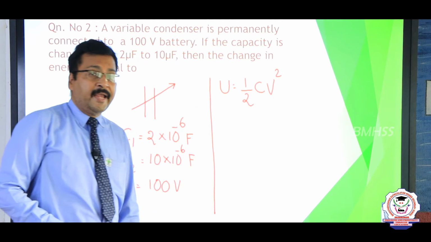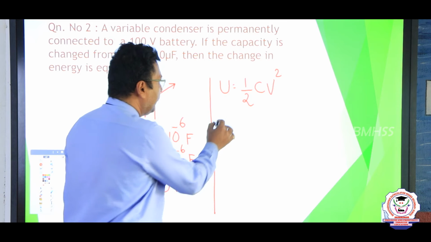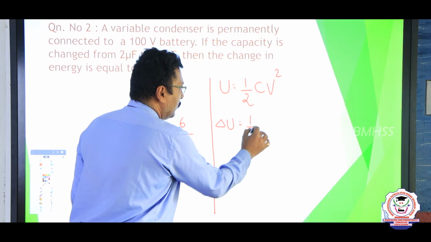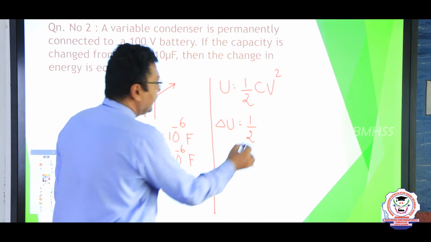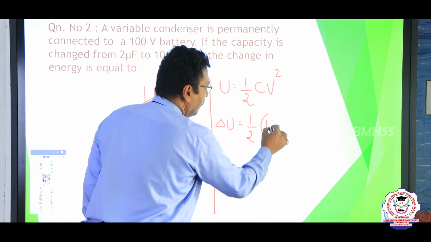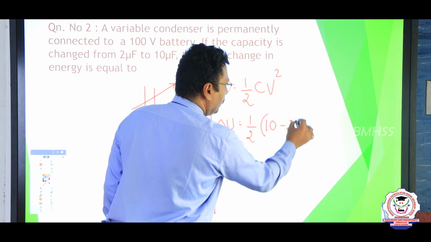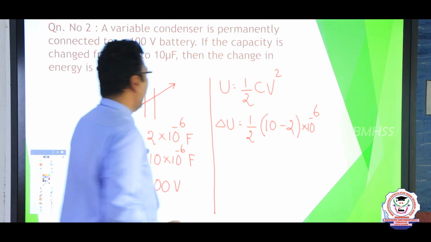Now we want to find the change in the energy. That means delta U, the change in energy, will be equal to half into, there are two capacitances, one of the value 10 and the other of the value 2, so 10 minus 2 into 10 to the power minus 6, into V squared.